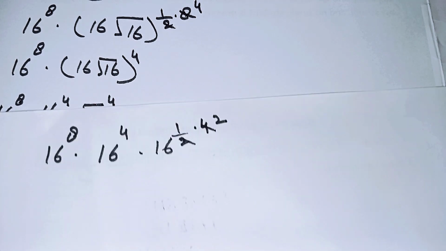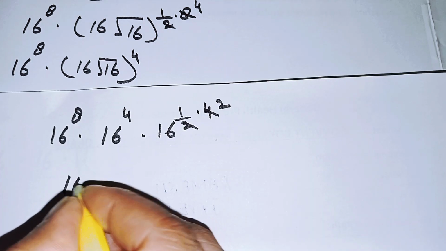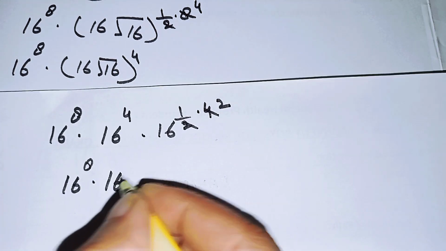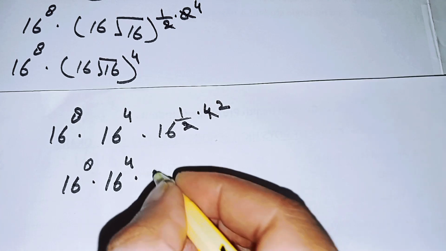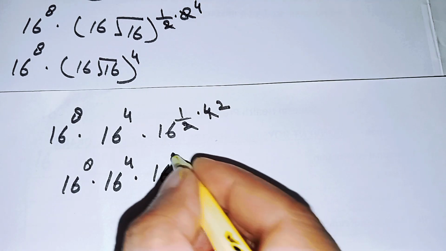And now the other step is 16 to the power of 8 times 16 to the power of 4, then times this 16 to the power of 2.